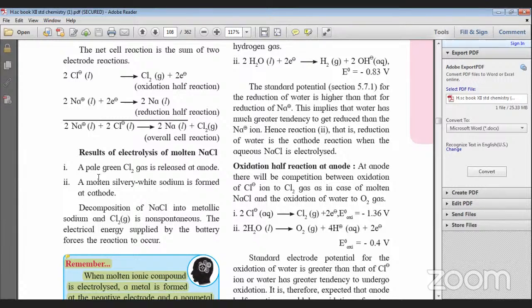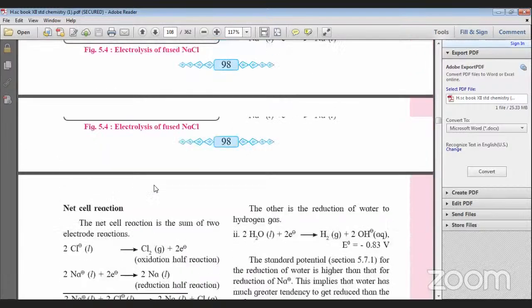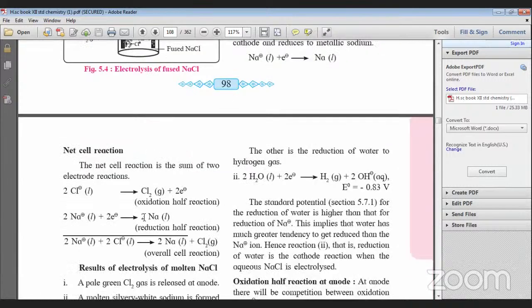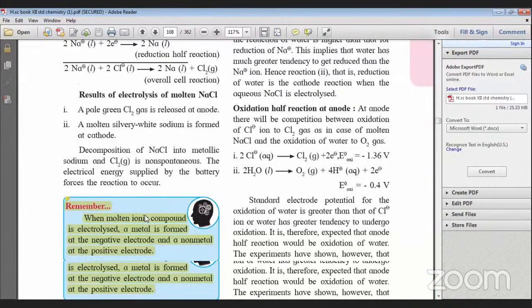Chlorine gas is getting released at the anode. The color of the chlorine gas is pale green, or sometimes it appears colorless also. So you will observe pale green gas at the anode. It shows that chlorine gas is released, whereas molten silvery white sodium is formed at the cathode. So on the cathode, there is a deposition of silvery white sodium metal.